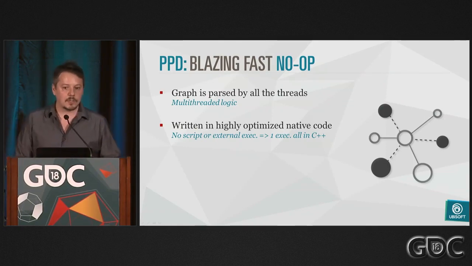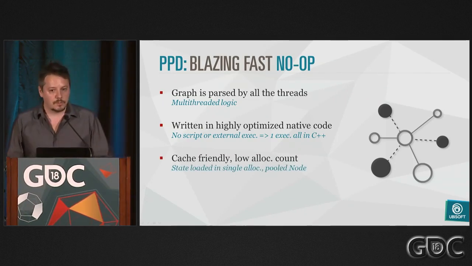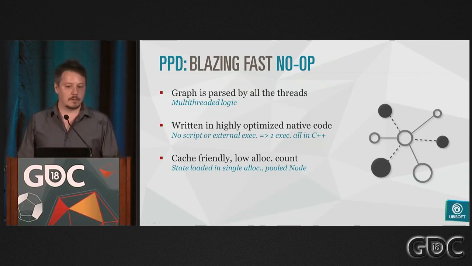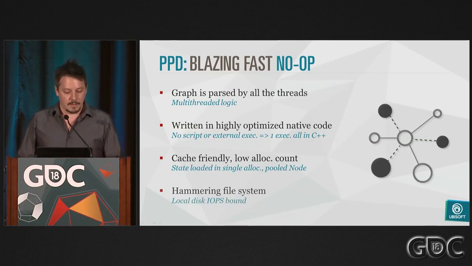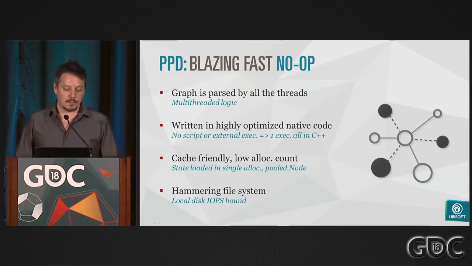On top of that, we carefully crafted all our data structures to be as cache-friendly as possible, trying to minimize as much as we could the amount of allocation we're doing, just to have the graph logic parsing as fast as we can. The result is we're completely hammering the file system when we're doing a no-op build, and the limiting factor becomes the local disk, and we become IOPS bound on the local disk, which is quite a nice place to be.